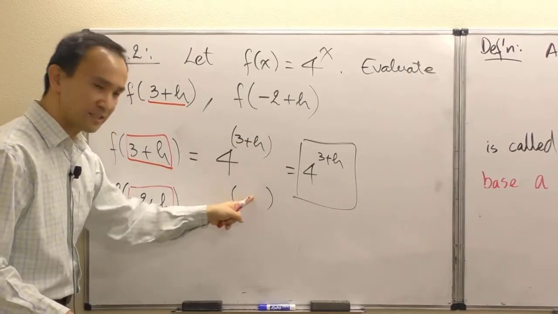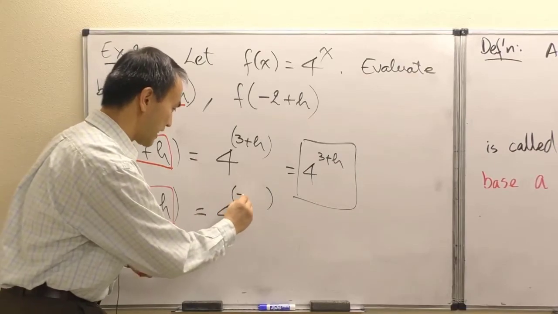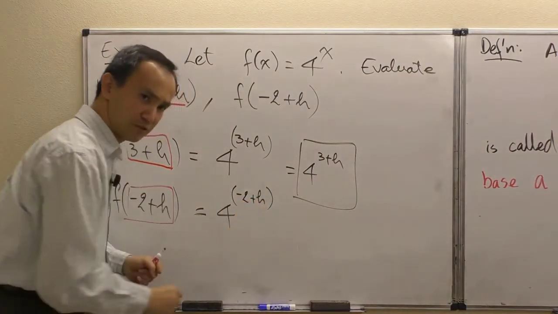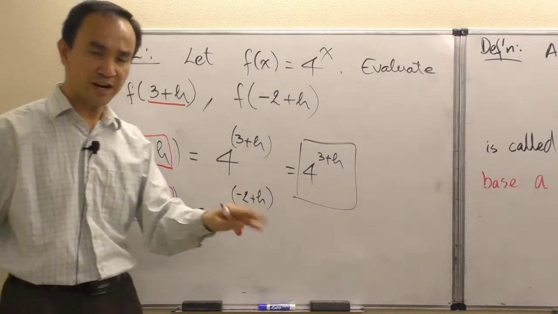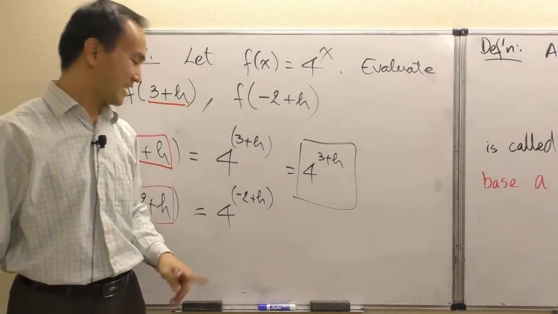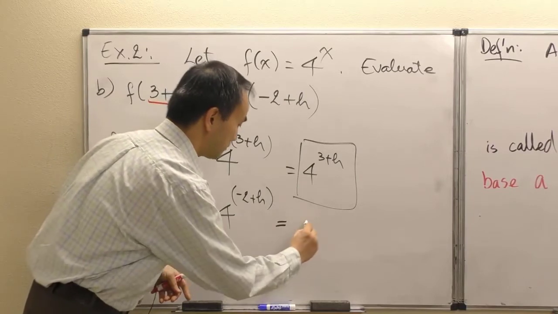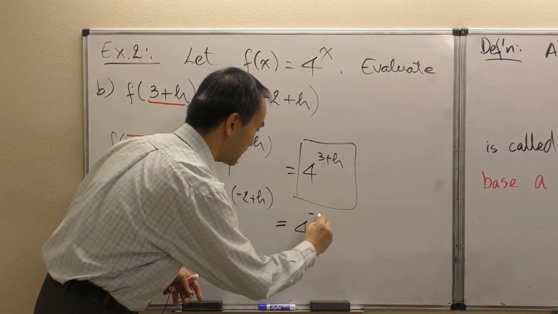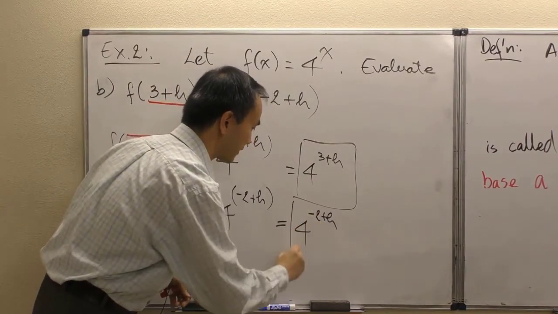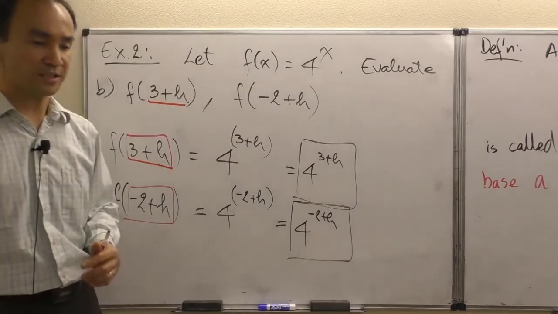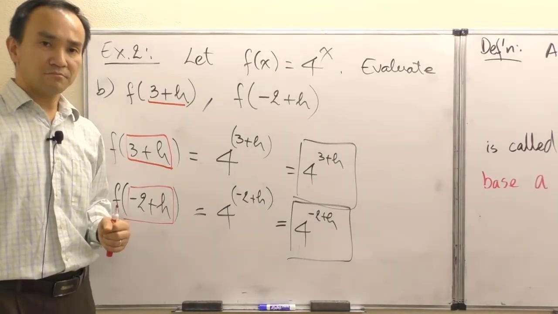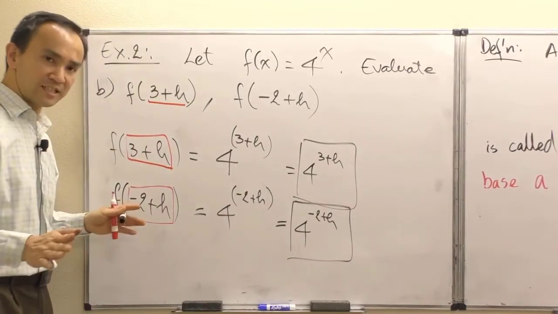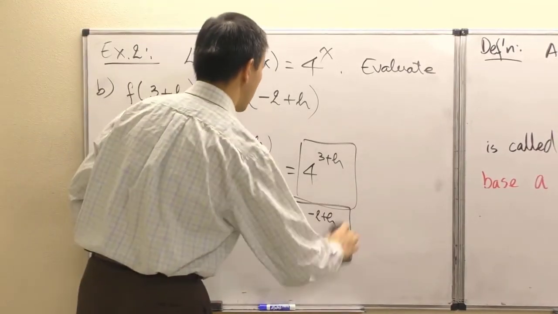So instead of x here, I'm going to put in all that -2 plus h. I dump the whole expression right into that x and replace that x. That's all there is. And so now it becomes 4 to the -2 plus h. All right, that's another final answer for us. So let's now head out to part C of the example.